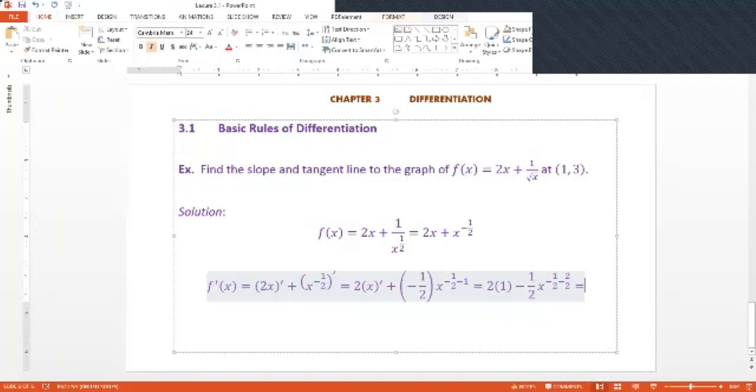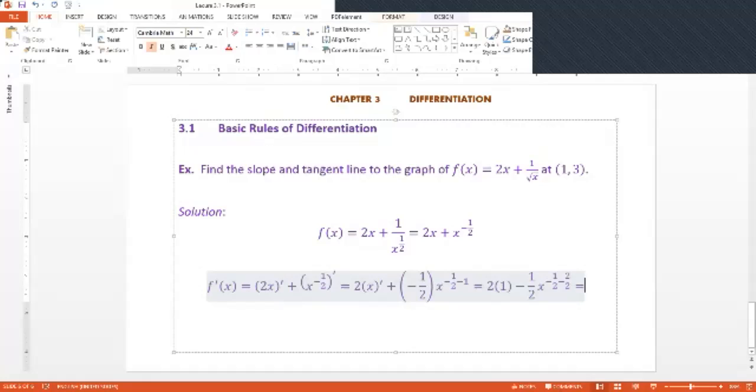Okay, so then we can rewrite 1 as 2 over 2 in the exponent of x, and then we can add or subtract those two fractions by the numerator.